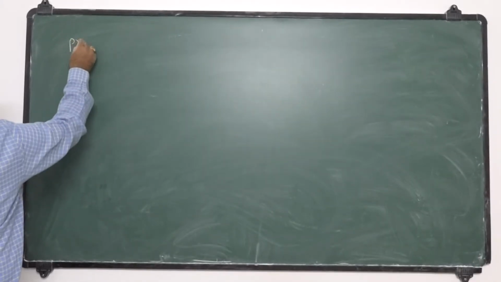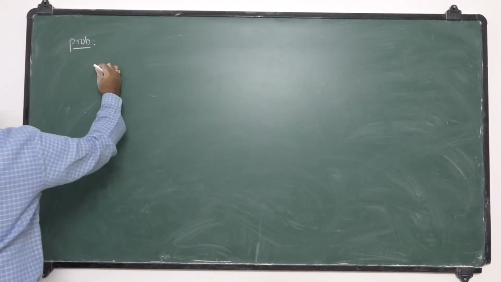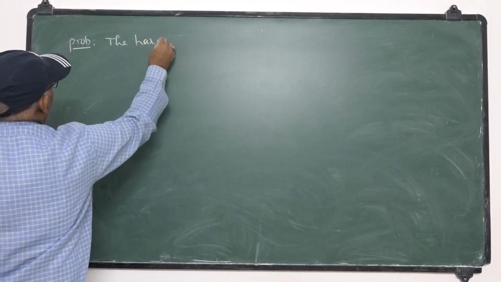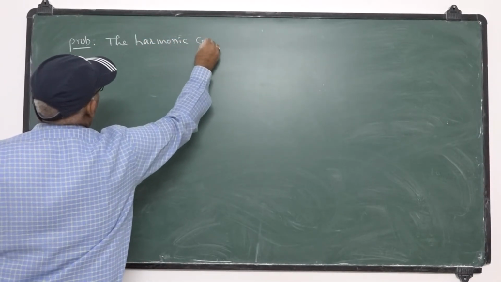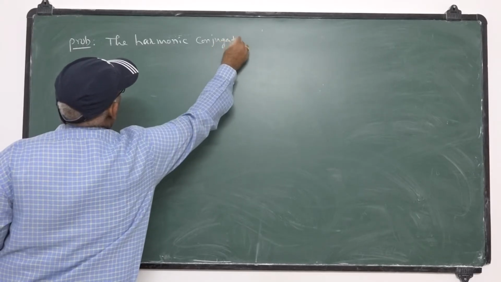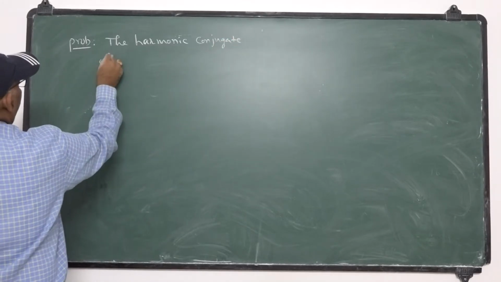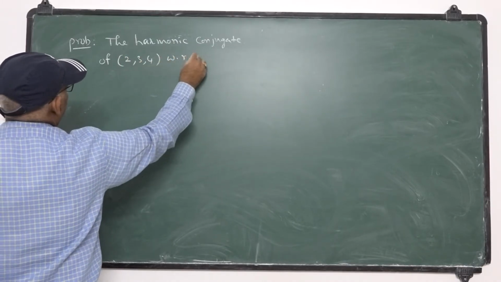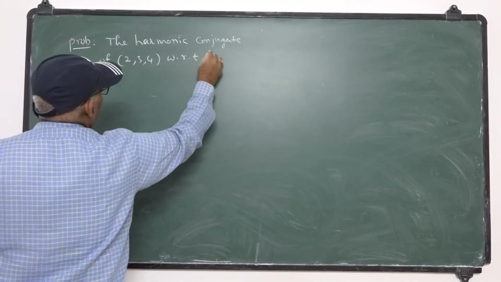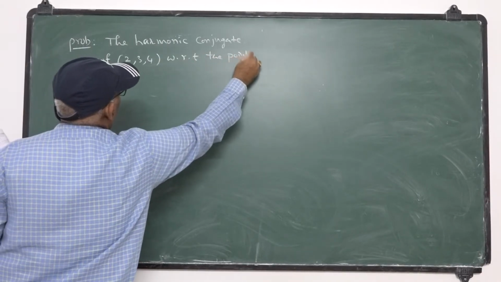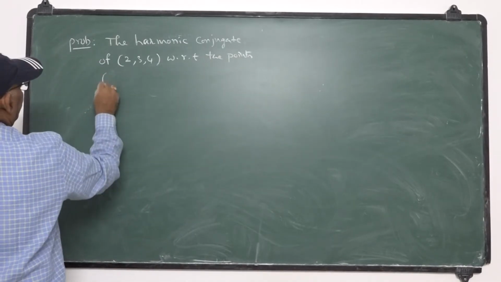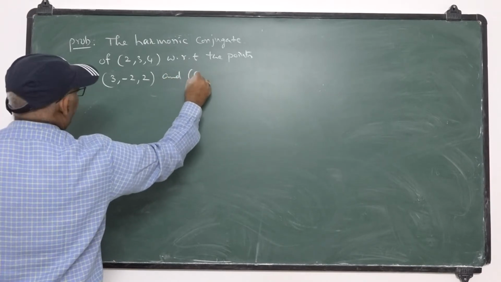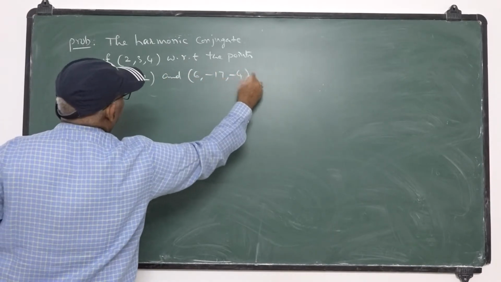Next, the harmonic conjugate of (2, 3, 4) with respect to the points (3, -2, 2) and (6, -17, -4).